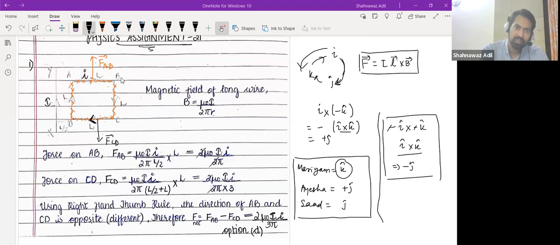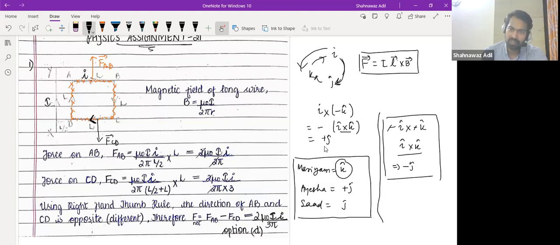So this force is downward, this force is upward. And the magnitude of these forces are equal, because each point is the same distance from its corresponding point. So all the forces are upward on one side, all the forces are down on the other. So FAB is equal to FCD, but with a minus sign.